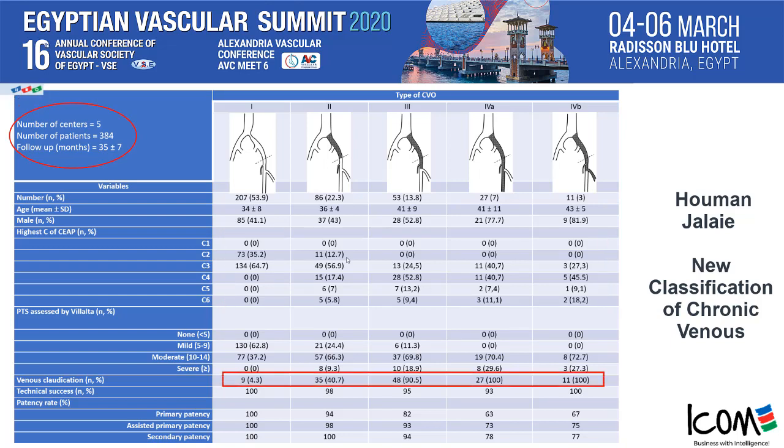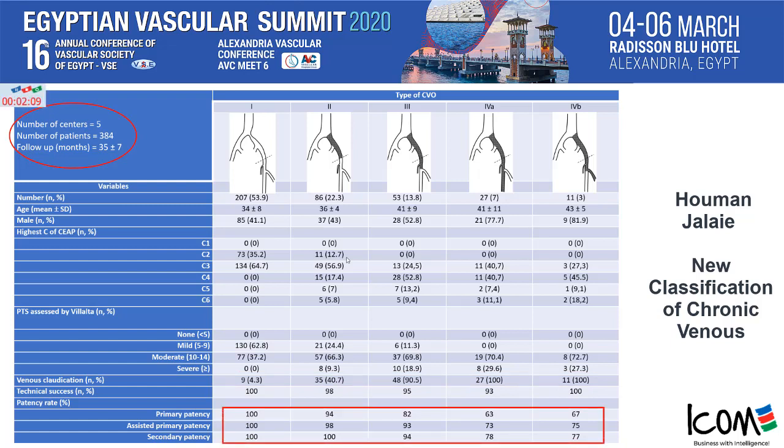And going into the venous claudication, group 1, just 9 patients or 4.3%, and group 4A and 4B, 100%. And looking on the primary or secondary patency, you see big differences between these groups.